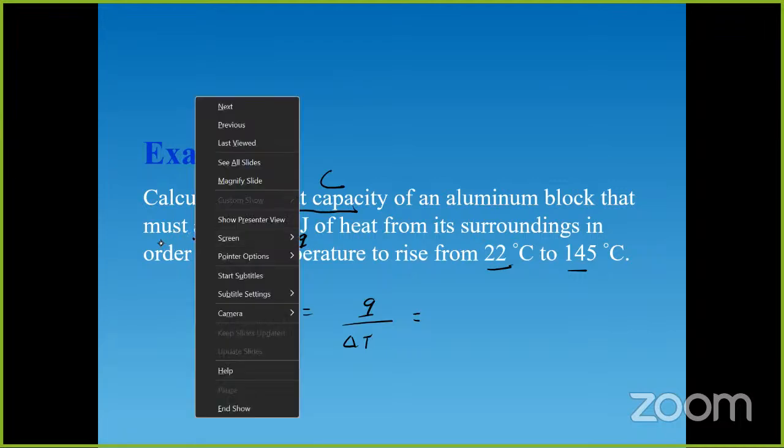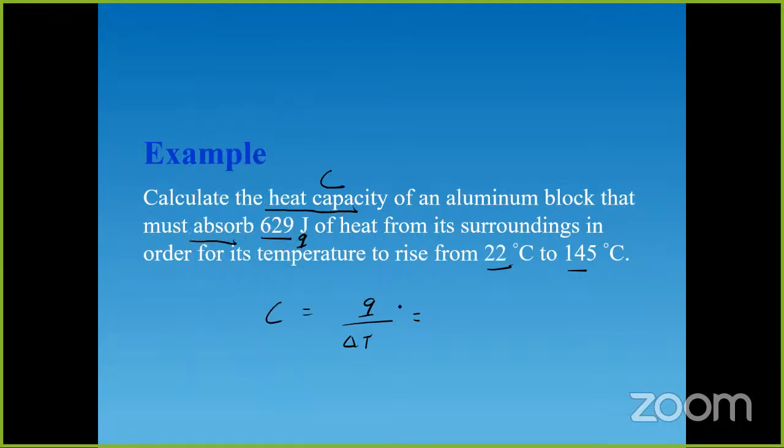It says absorbed, which means that Q is positive. So this is going to be positive 629 joules divided by delta T, which is always final minus initial. The final is 145 degrees Celsius, and the initial is 22 degrees Celsius.